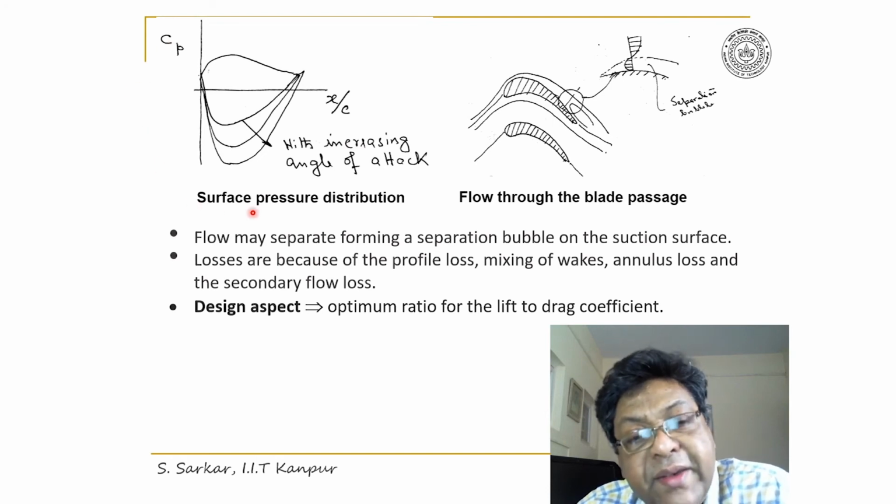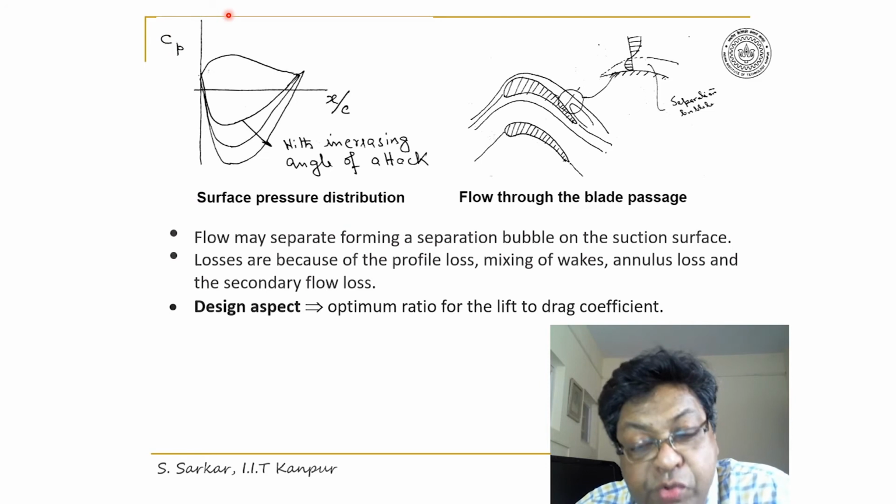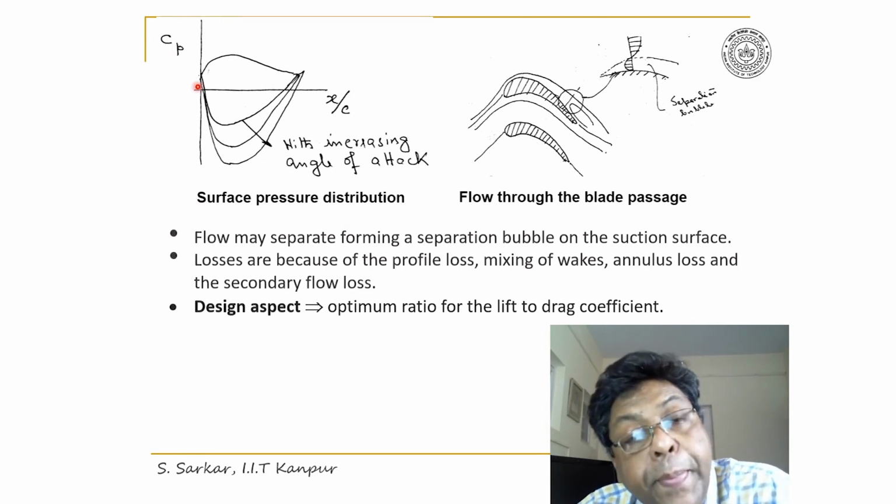Through a sketch, I have shown here the surface pressure distribution on the blade. This is the pressure distribution on the pressure side, and this is the pressure distribution on the suction side.